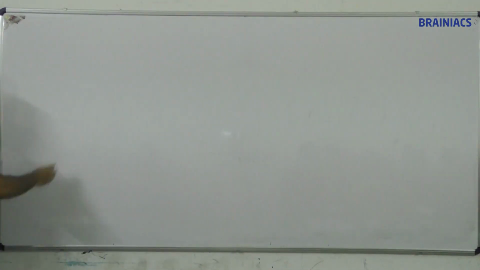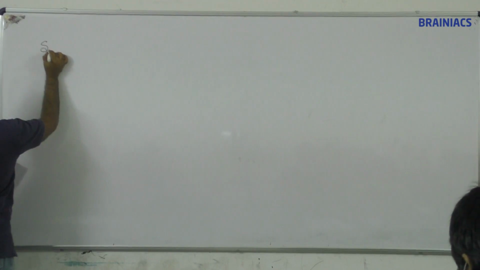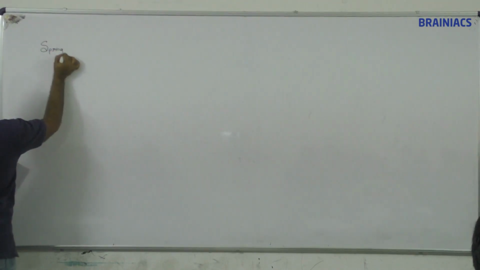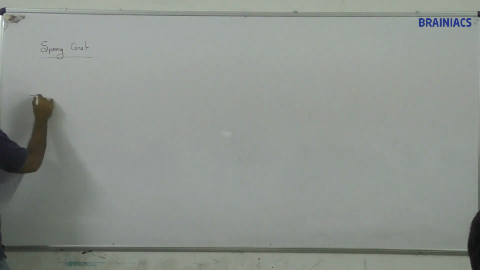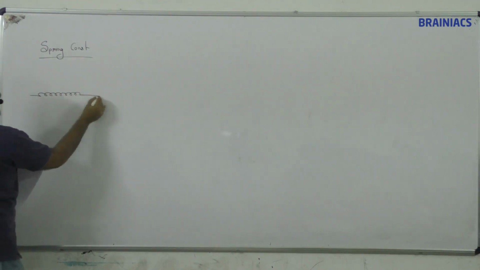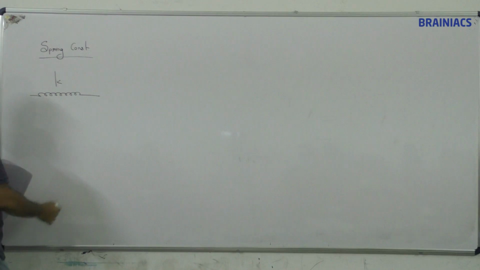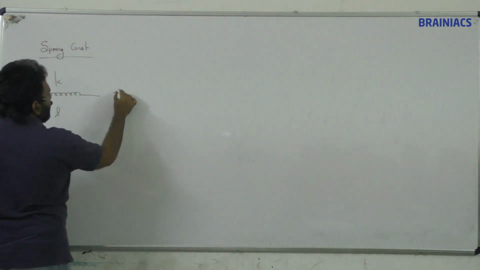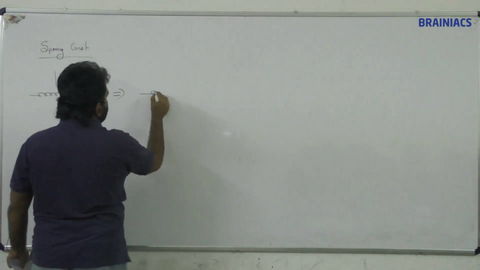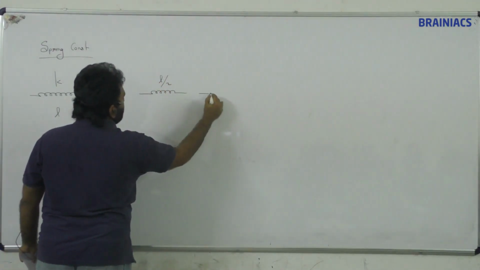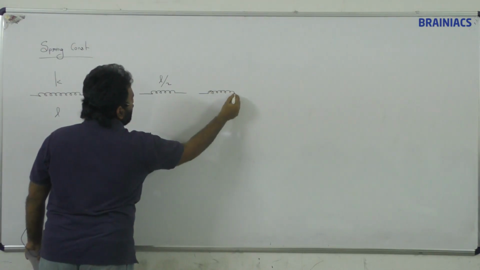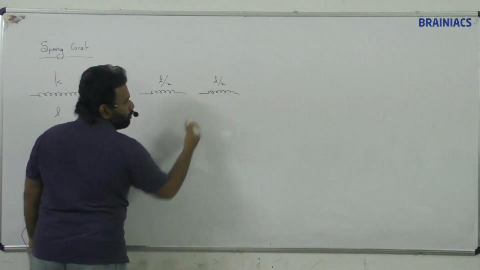See children, suppose we have a spring constant K and its length is L. If we divide this into two halves, this is L by 2, this is again L by 2.